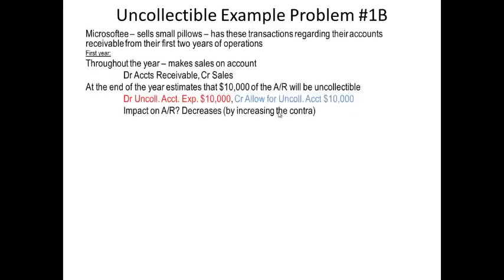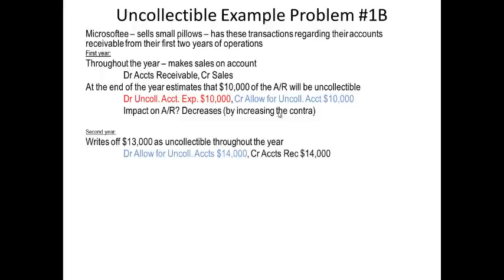So again, let's look at a very similar problem. Same first year. Everything is exactly the same. Estimate $10,000 of uncollectible accounts. But in the second year, say we write off $13,000 as uncollectible. Well, that's not 13.